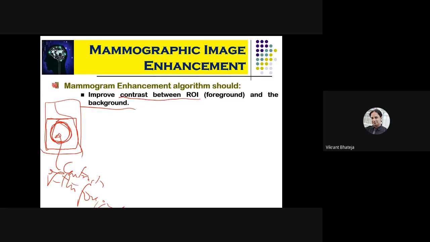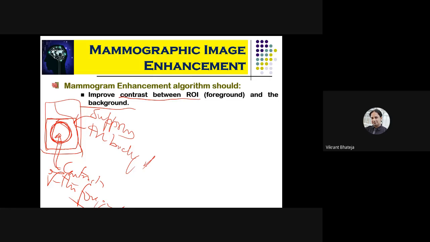But the other way is that if you place a black background at the back, then the white region is more embossed. So it is not just about improving the contrast of the foreground, but also about suppressing the background.